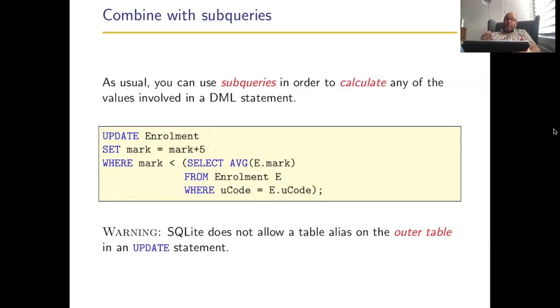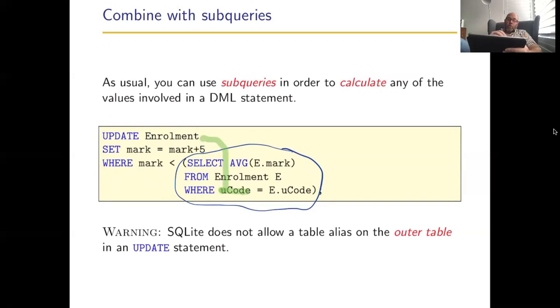So if you're a below average student, you get 5 added to your mark. Okay, so notice that this is a correlated subquery because it has a particular value, this unit code, that refers to the unit code in this enrollment.